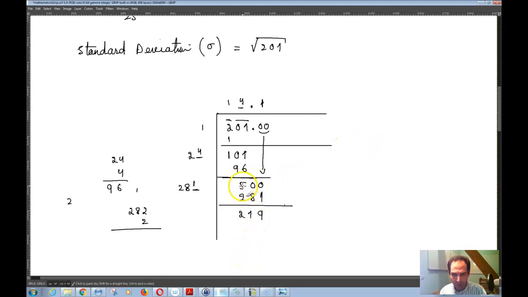Is it correct? And then if you add a 1 to 281, you'll get 282. And 2 zeros here, 2 zeros here.